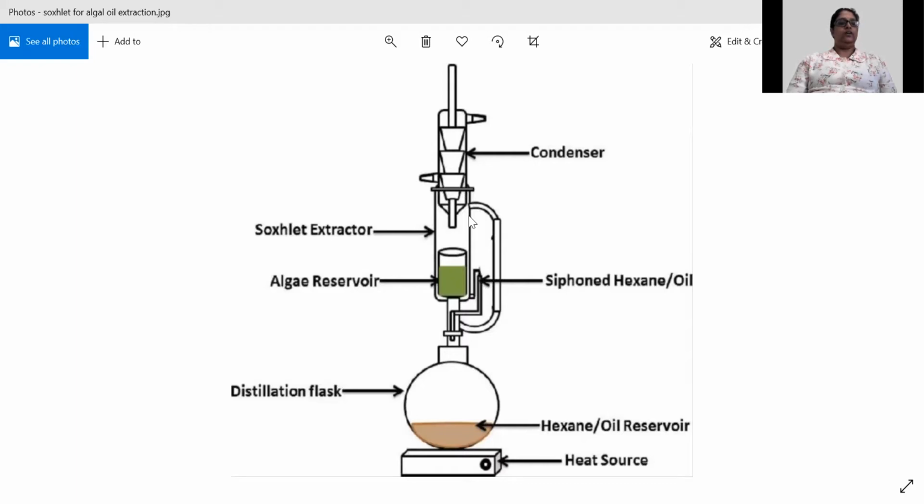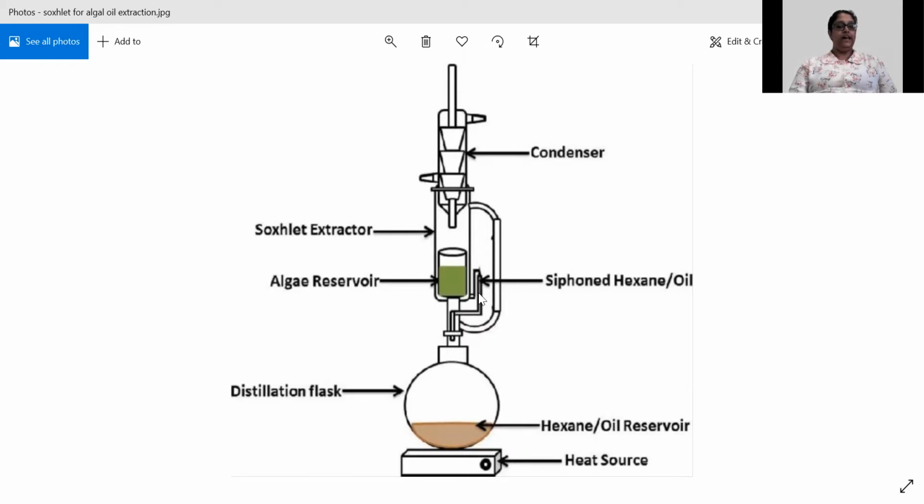Your hexane boils at around 69 to 70 degrees Celsius, and you are heating it up to 70 degrees Celsius. But when your hexane vapors reach here and try to go up through here, they will not be able to go through, because there is a cooling process happening over here. Since we are using cold water, it will get rapidly cooled, and it will condense into this section drop by drop.